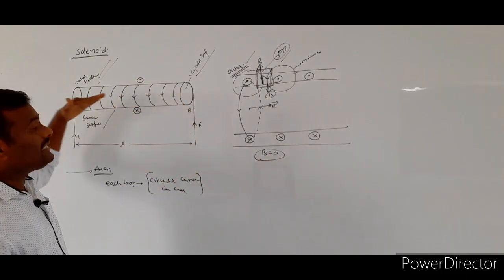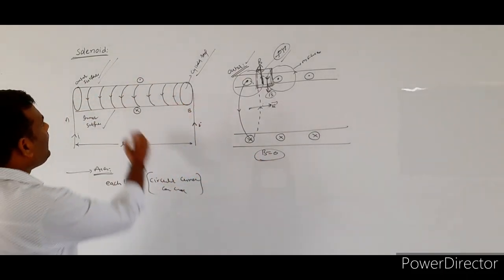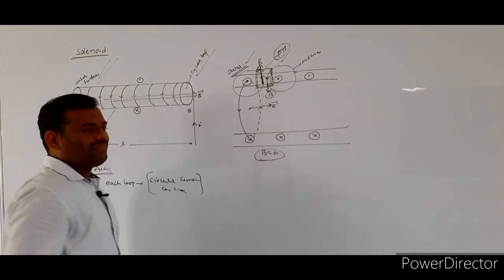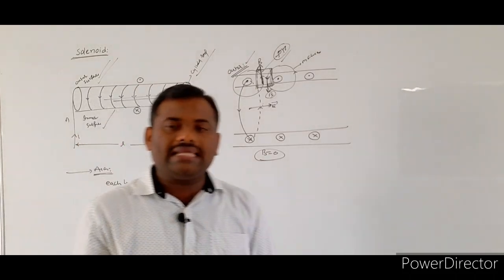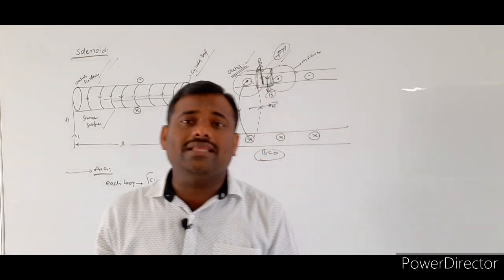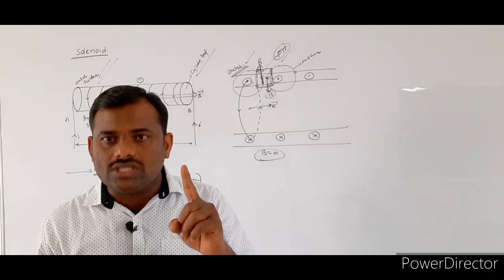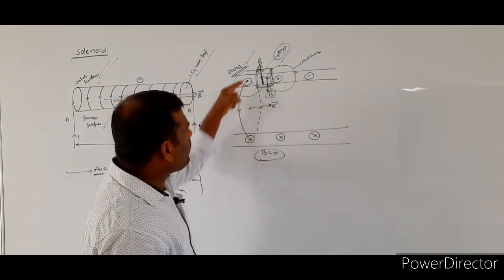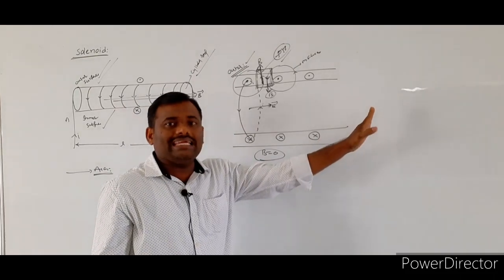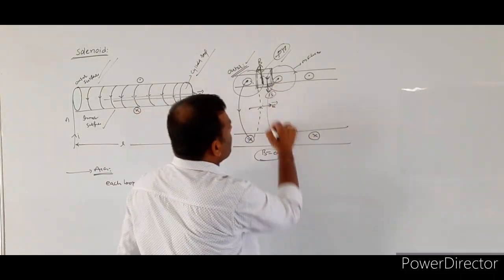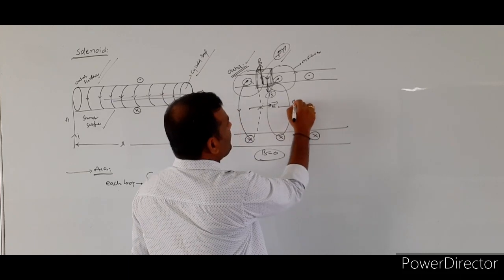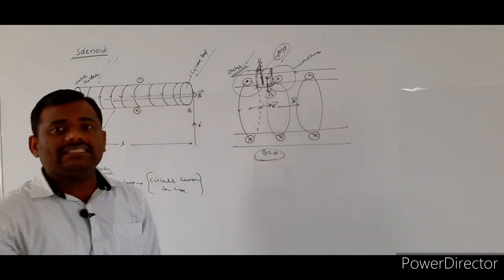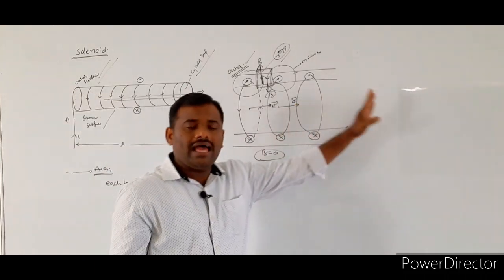If you consider the entire solenoid, the direction of the magnetic field will act along the axis of the given solenoid. The reason is that for one loop, the magnetic field acts along the axial line. For the second loop also, it acts along the same direction. For the third loop also, it acts along the axial line.